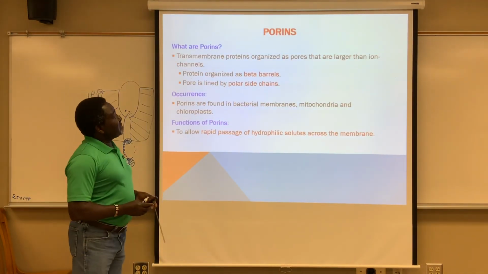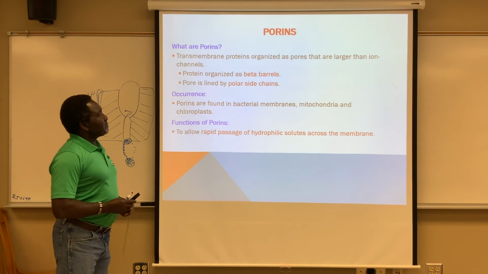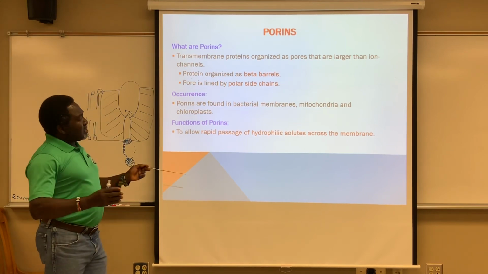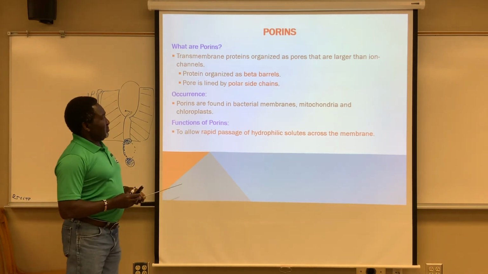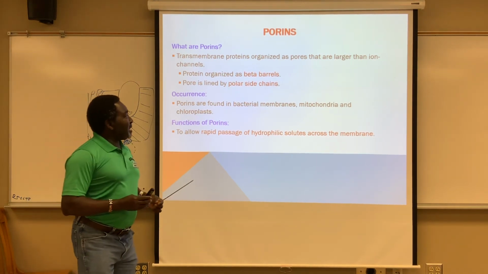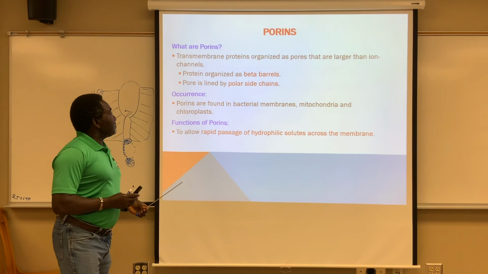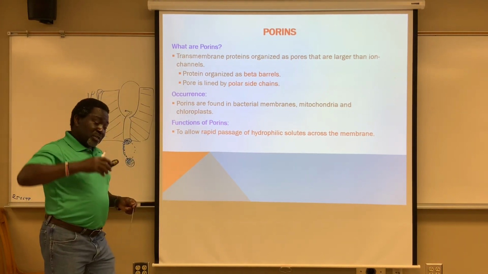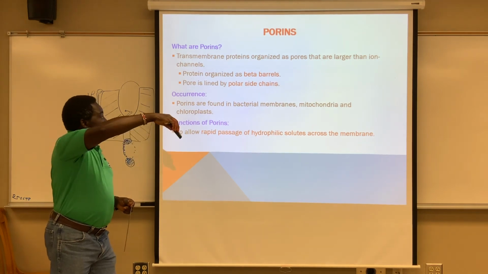We are going to shift gears and look at porins. These are transmembrane proteins organized as pores that are larger than ion channels. The proteins are organized as beta-barrels, and then they are lined by polar side chains. So the interior of these channels is polar.